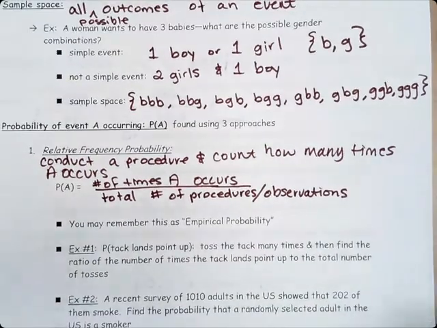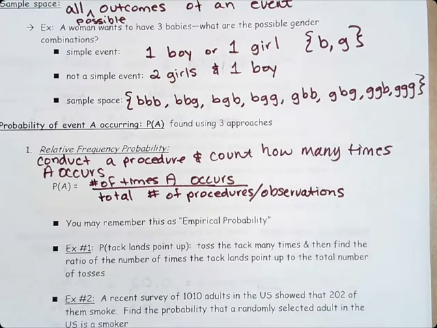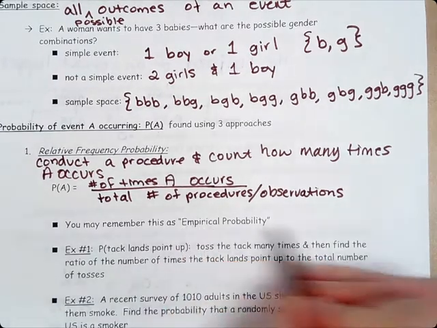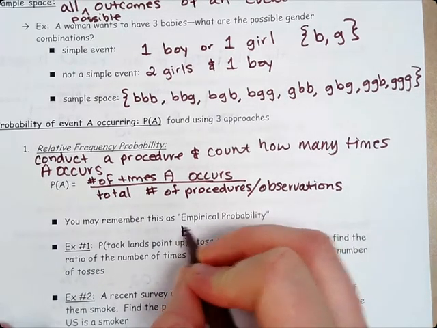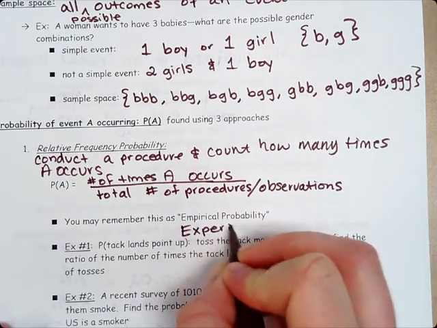So let's say I see 5 red cars pass by over the course of 30 vehicles. So it'd be 5 out of 30, and then you'd reduce it. You may remember this as empirical probability. Probably not. The other word you would probably see is experimental probability.